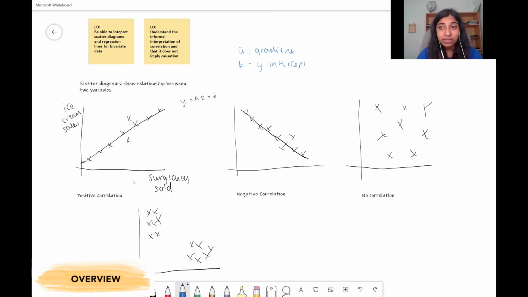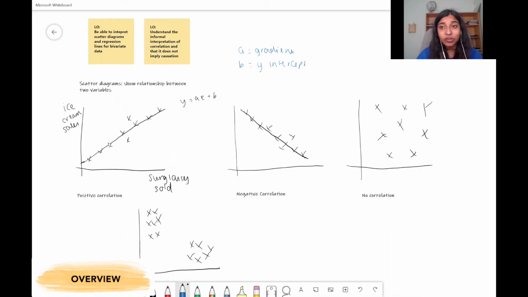And you can normally have a line of best fit connecting all your scatter diagram dots. If this line of best fit is upward sloping with a positive gradient, then that normally means you have a positive correlation.